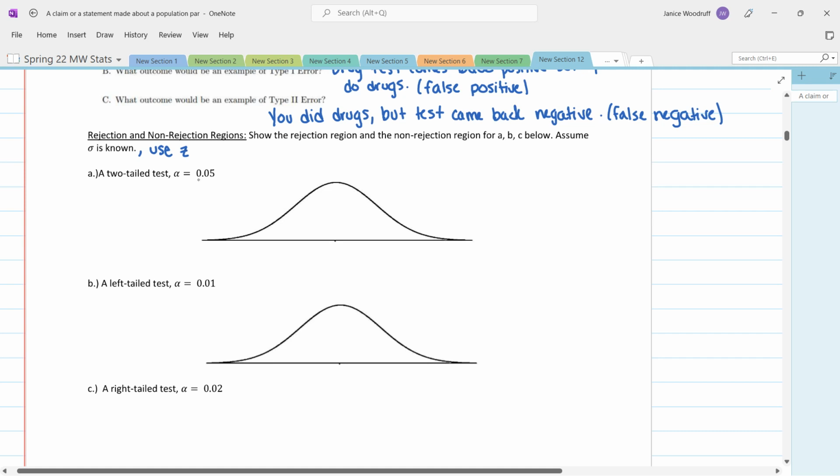Okay, so for a two-tailed test, the significance level is 0.05. It's two-tailed, so we have to take the 0.05 and divide by 2, and that would give us 0.025. Then we would go to inverse norm, and I think we already did this one. This was the 1.96.